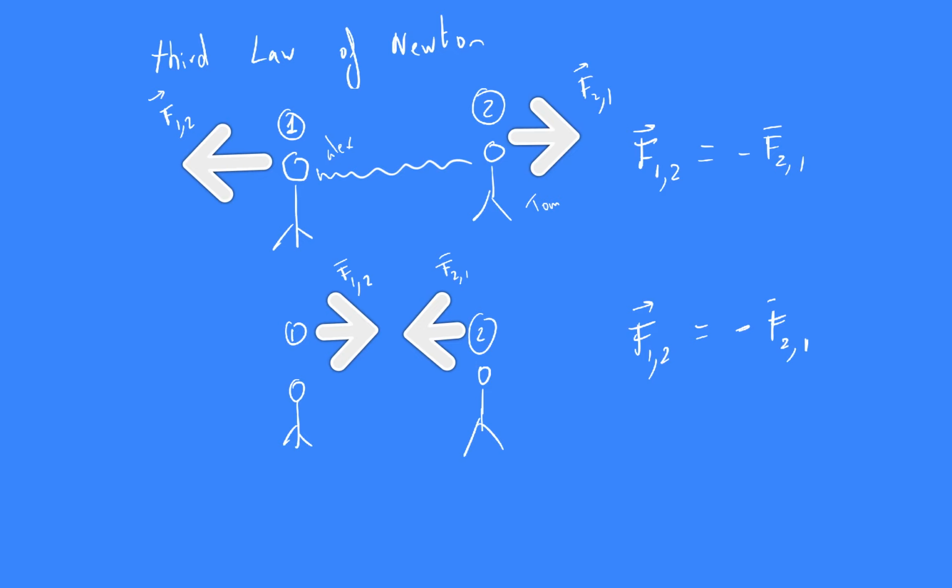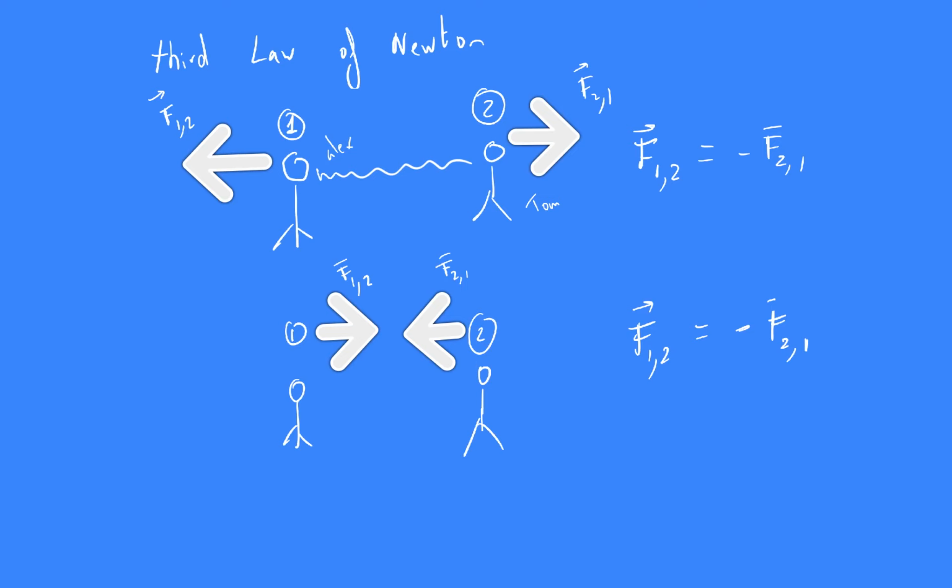If it's not a pushing and it's a pulling, the force that Tom, the second one, is doing on one is going to the right. So the force that Alex is doing on Tom is to the right.